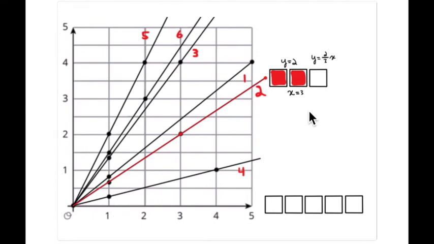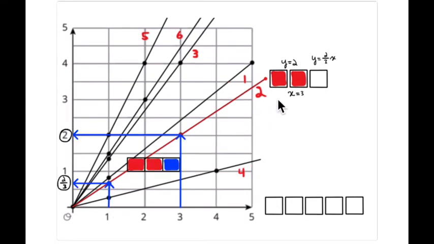Graph number 2. This is for every 3 hours of work, you get paid $2. Well, for 1 hour, that's getting paid 2/3 of a dollar per hour. So this is 2/3 over 1. That's the same as $2 right here for 3 hours of work. So $2 for 3 hours of work is the same as 2/3 of a dollar per hour.